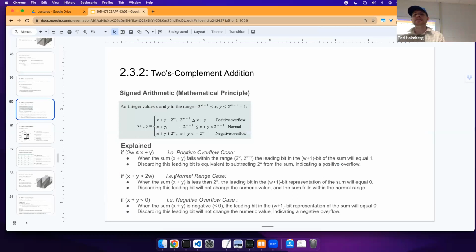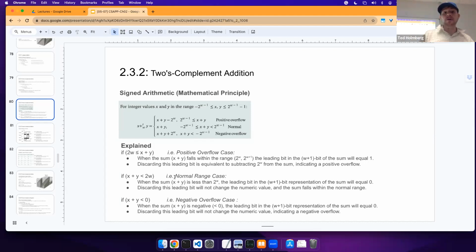Okay, so let's look at the mathematical principle for our signed arithmetic. It looks very similar to our unsigned arithmetic, only notice we've introduced a new term. Where the prior evaluation had a normal condition and an overflow condition, now we know that there's a normal condition, a positive overflow, and a negative overflow.